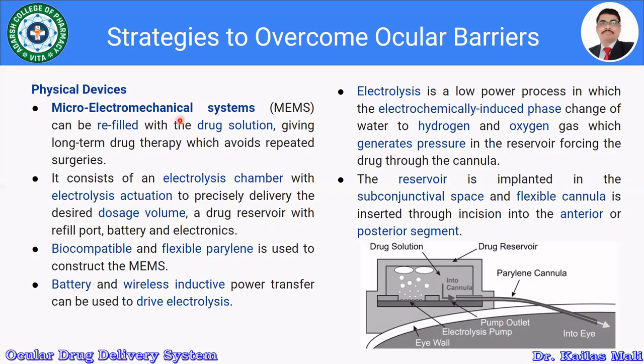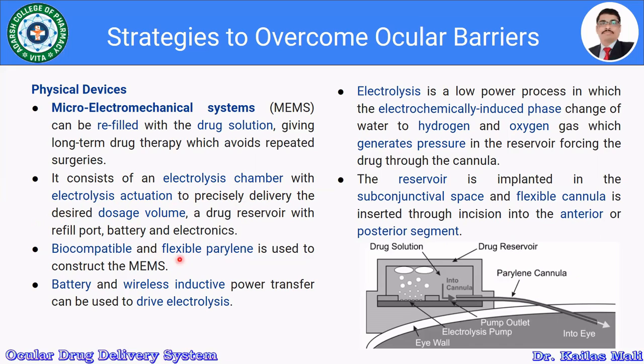The microelectromechanical system can be refilled with the drug solution, giving long-term drug therapy which avoids repeated surgeries. It consists of an electrolysis chamber with electrolysis actuation to precisely deliver the desired dosage volume, a drug reservoir with a refill port, battery, and electronics.